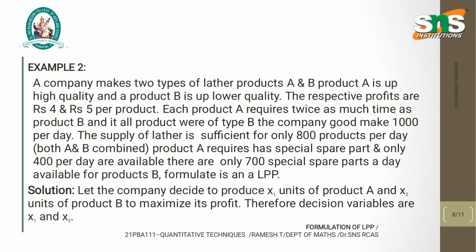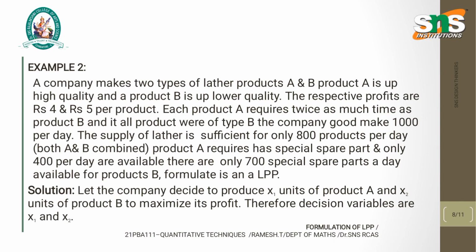We consider one more example. A company makes two types of leather product, A and B. Product A is high quality, and product B is lower quality. The profit of each product is rupees 4 and 5. Each product A requires twice as much time as product B, and if all products were of type B, the company could make 1000 per day.